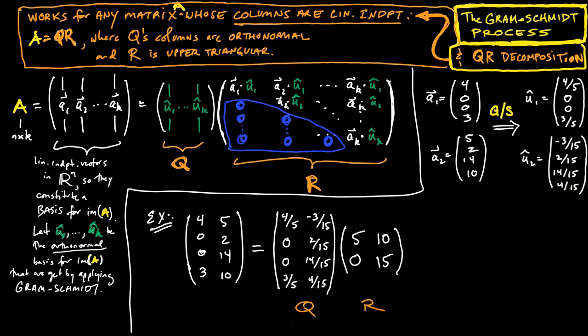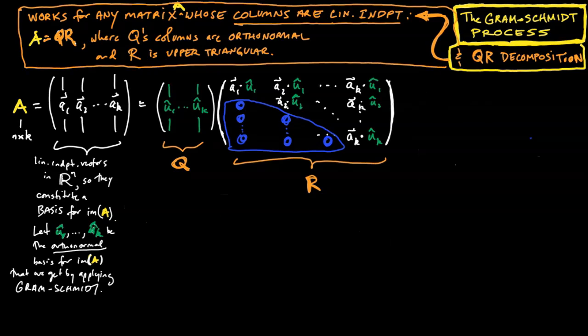And now you can see why I put these topics together. Anytime you implement the Gram-Schmidt process, you basically get a QR decomposition of a matrix for free. All right. There are more things we could say. For example, in the exercises in the book, I point out that R, the upper triangular matrix, can be viewed as a change of basis matrix, going from the basis for the image of A consisting of the A vectors to the basis for the image of A consisting of the U vectors.